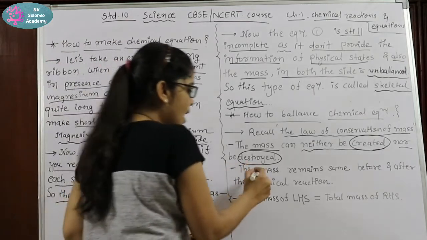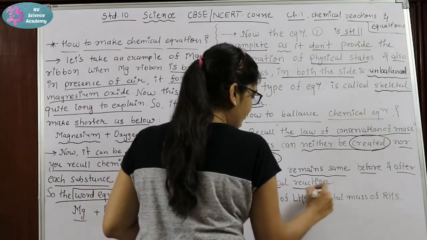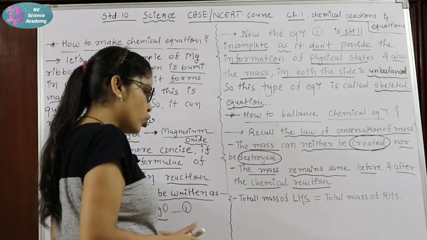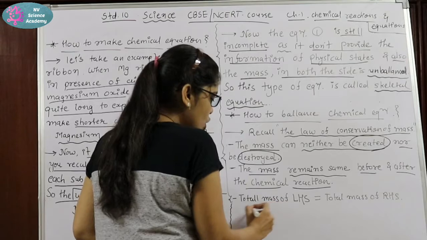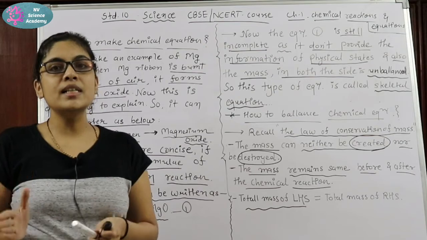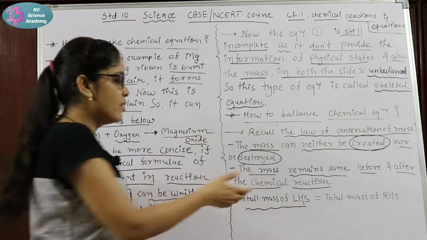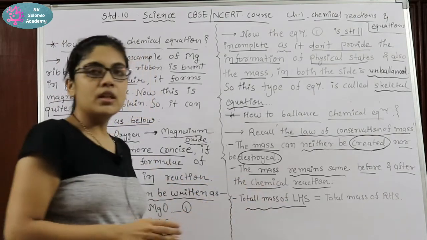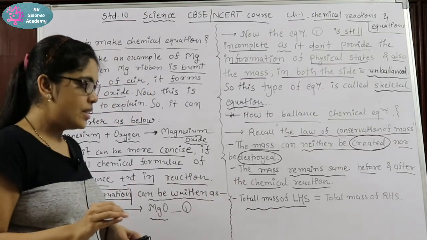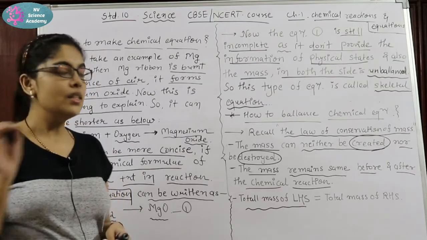It means the mass remains the same before and after the chemical reaction. In other words, we can also say that the total mass of the left hand side, which means the total mass of elements present in reactants, is equal to the total mass of elements present in the products.